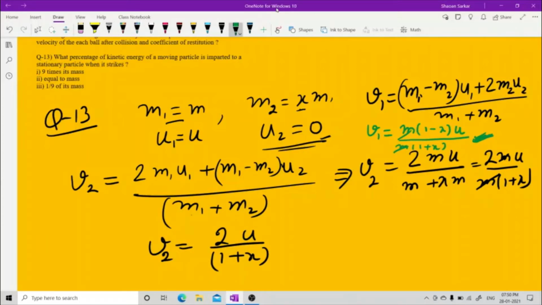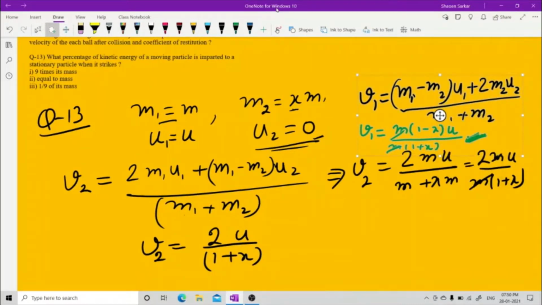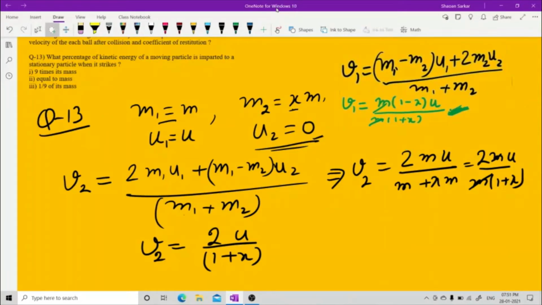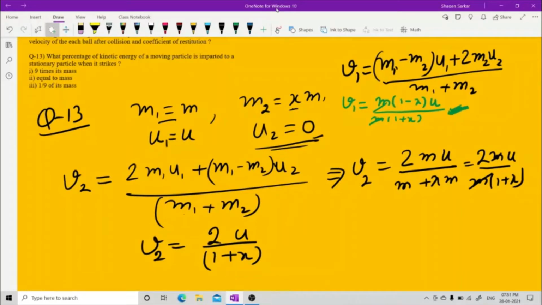This is the velocity of the first particle after collision, and this is the velocity of the second particle after collision.